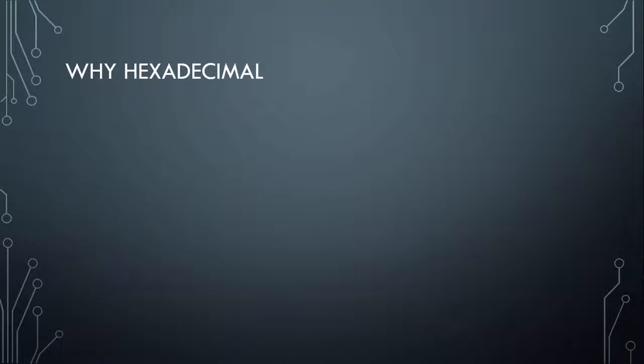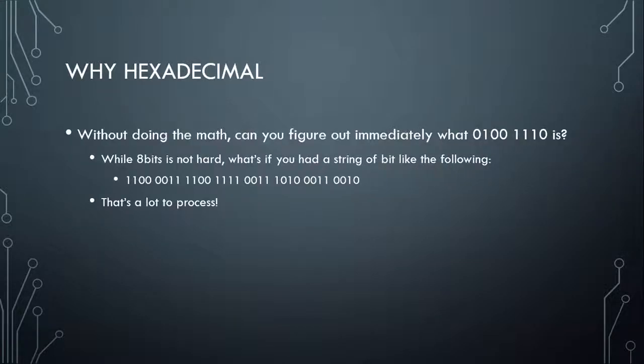Now, why use hexadecimal? You probably think, okay, this is nice and cool and all, but why? Well, without doing math, can you immediately figure out what 01001110 is? Now you notice it's only 8 bits, so it's not that hard. You probably could figure it out. But what if you had a string of bits more like the following: 1100 0011 1100, and so on and so on.